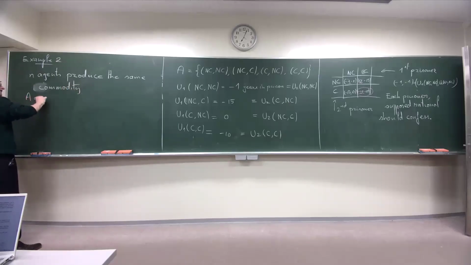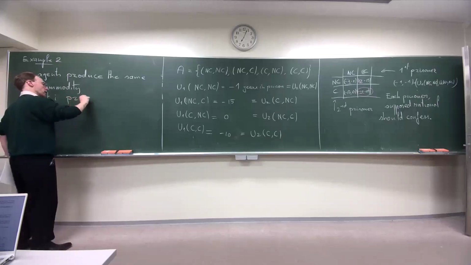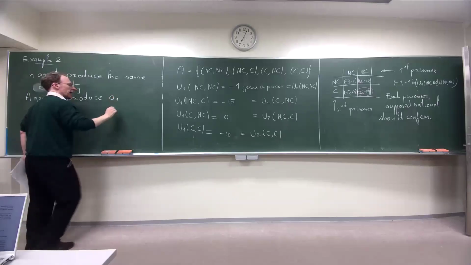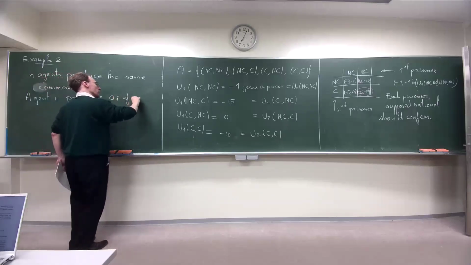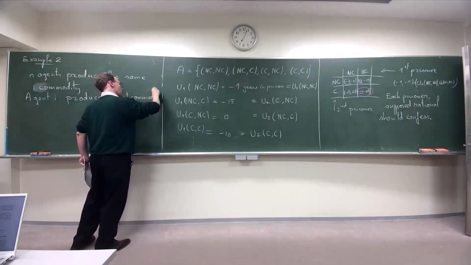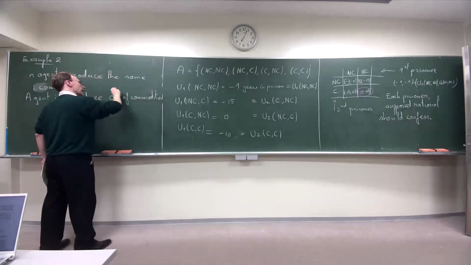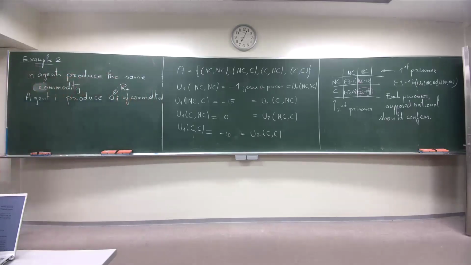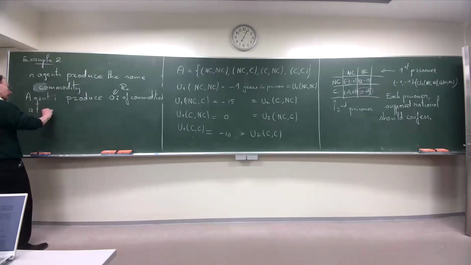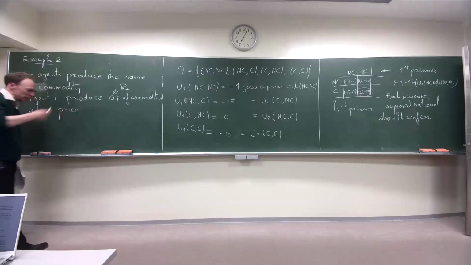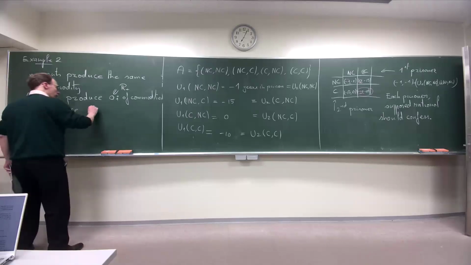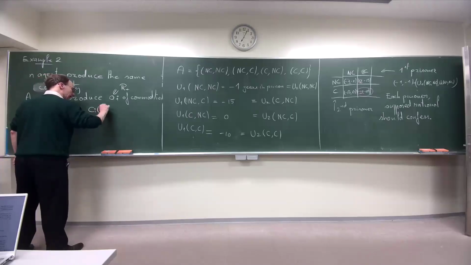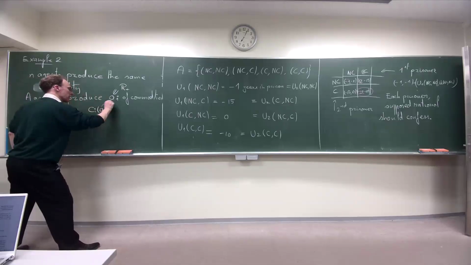Agent i produces a certain number a_i of these commodities, where a_i is any positive number between 0 and infinity. We assume that it can be a fraction, whatever. Agent i produces a_i commodities at a price, because they have to pay a certain price for producing, which I denote by c_i of a_i.